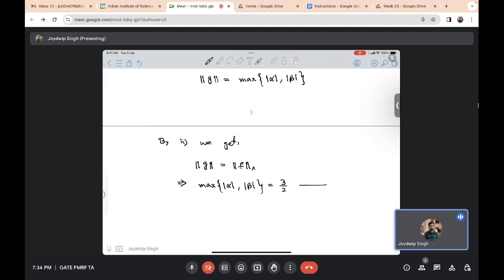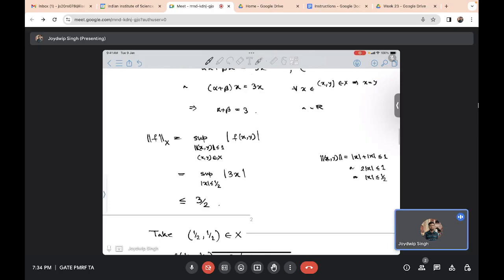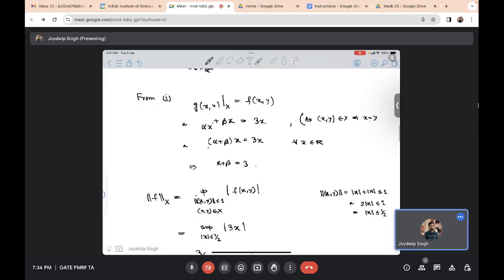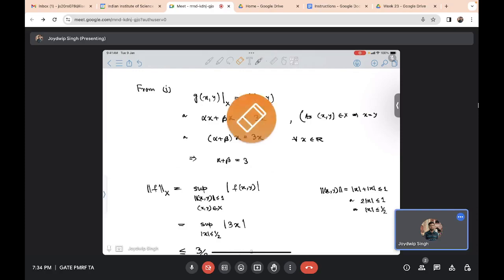So let me call it 2, and we got earlier one condition from condition 1. So we get two conditions, 1 and 2, and we have to solve these two.